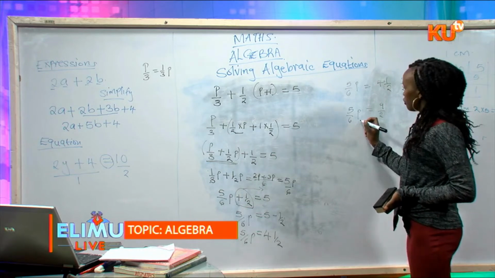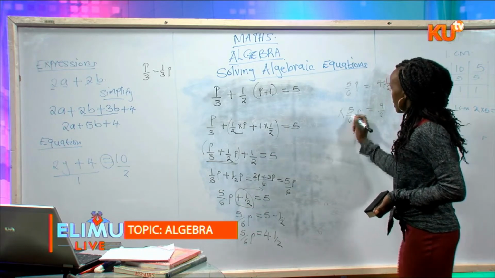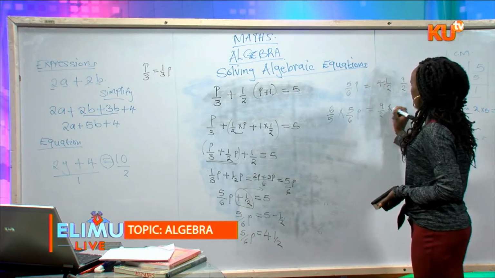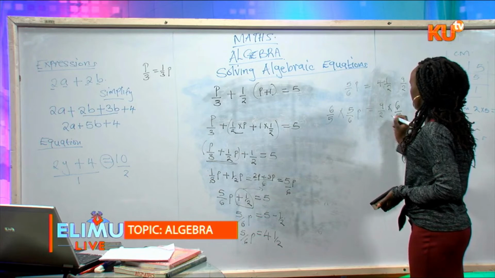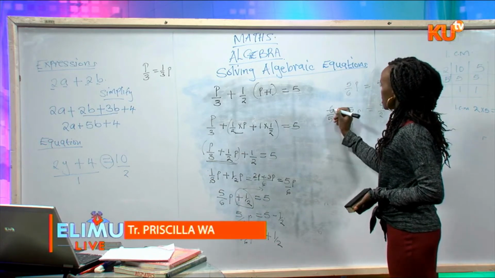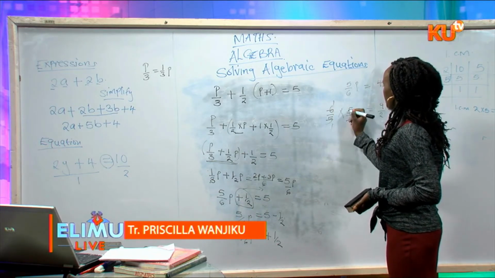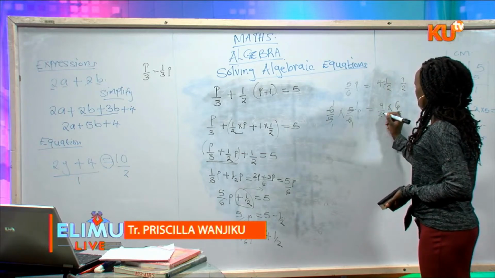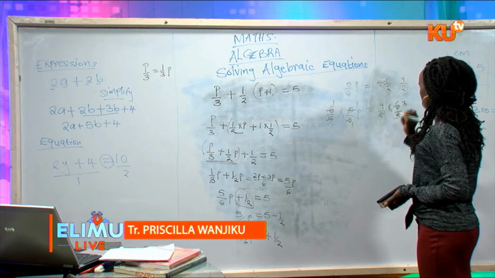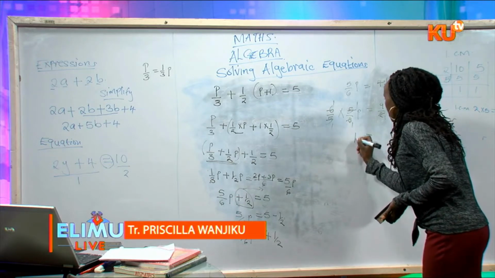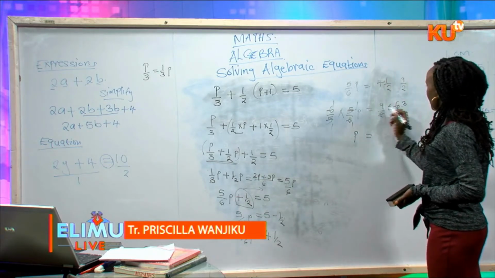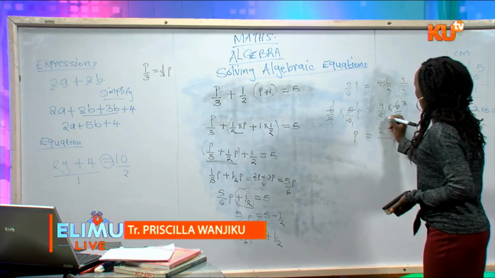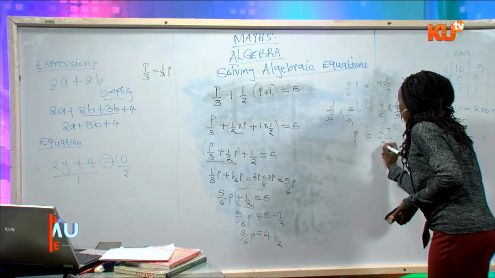I want to get the value of P. I multiply by the reciprocal here, 6 over 5. The other side by 6 over 5. Here we can simplify this and this by 2, 1. By 2, 3. So the value of P is going to be 9 times 3, we get 27, over 1 times 5, we get 5.